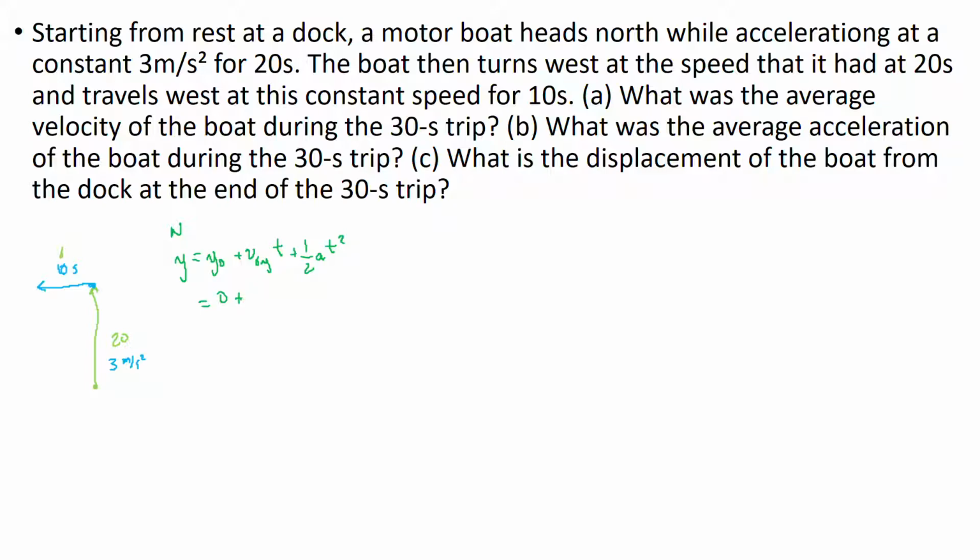Initial velocity, it says it starts from rest, so that's going to be 0. And the acceleration, we know it's a half of 3 times t squared. We know this because it just moved in the y-axis. If we expand this, it's going to be a half of 3 times 20 squared.